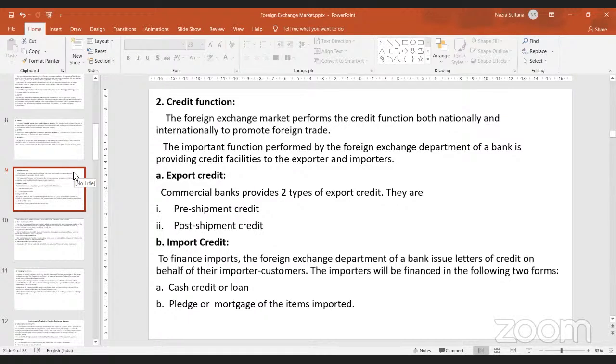If you're exporting, you can get credit which is pre-shipment, and also credit after the shipment is done, post-shipment. Similarly, credit is also given to importers in the form of a loan, a mortgage or a pledge.